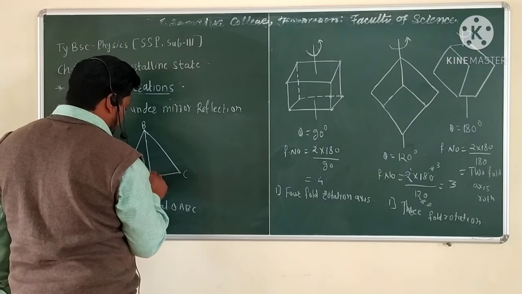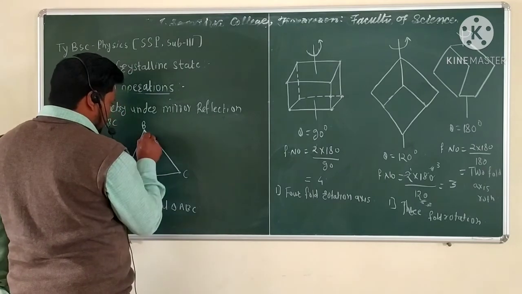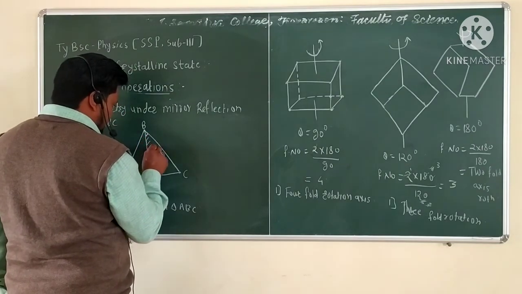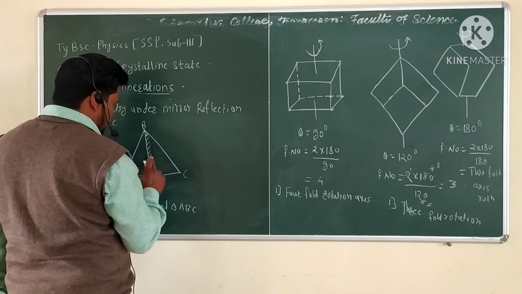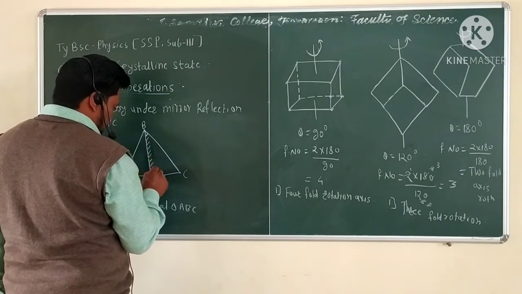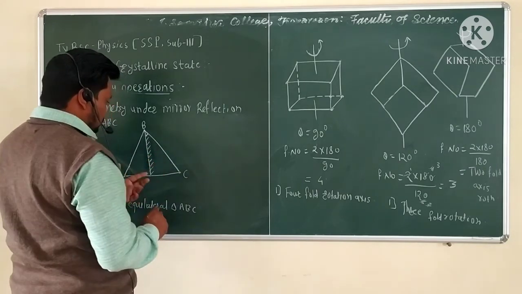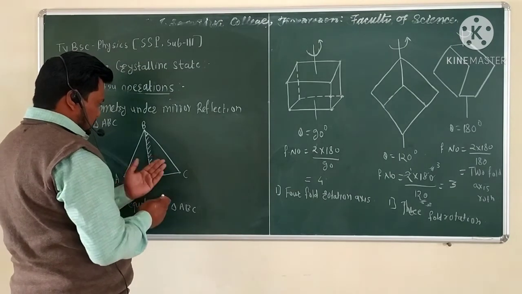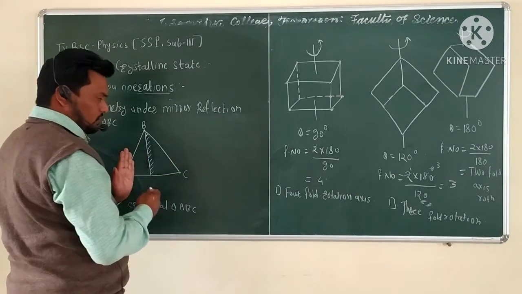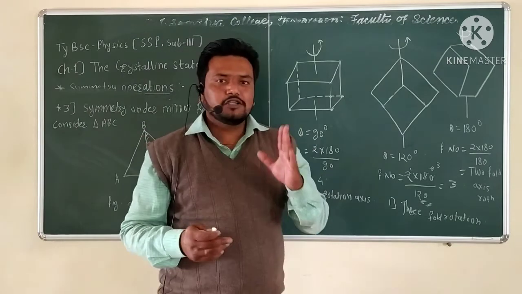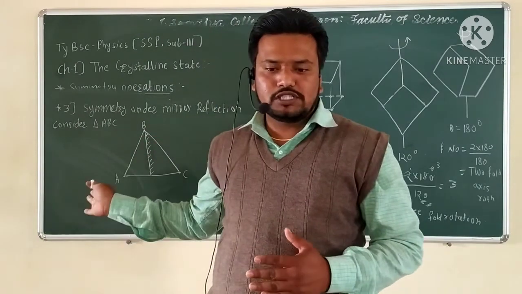point which is perpendicular to this plane, so consider, for example, a mirror which is said to be perpendicular to this plane. So consider that this side which is shown in the mirror exactly coincides with the original side.